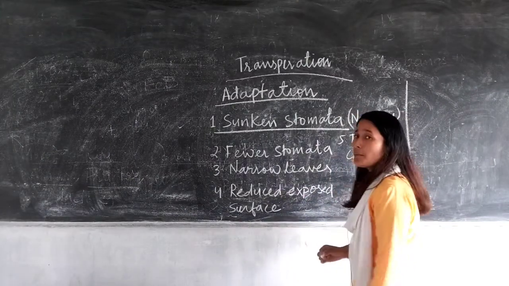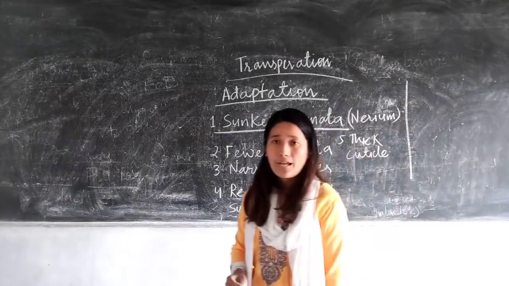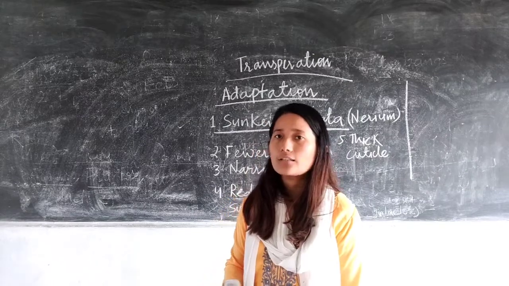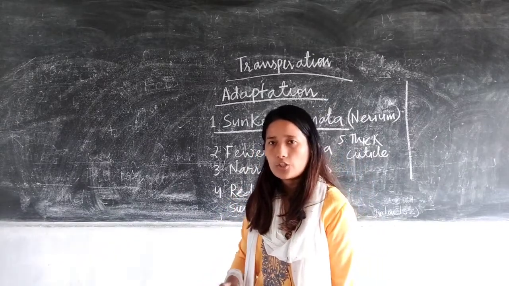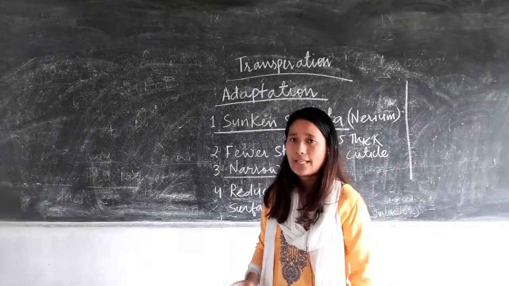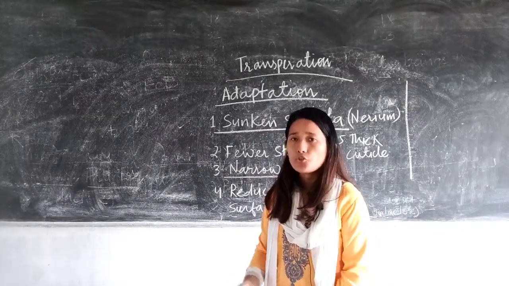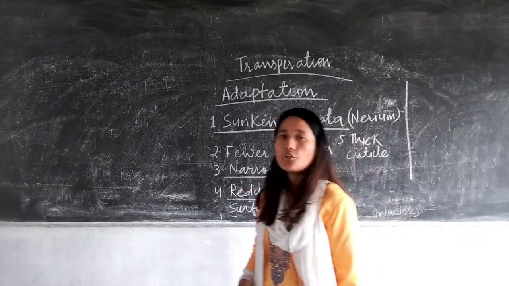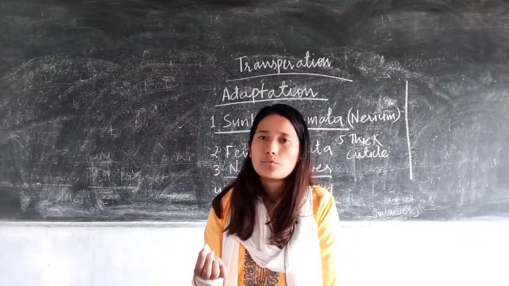In some plants, the amount of stomata on the leaves is generally very less, so that less transpiration occurs. Some of them have narrow leaves. Narrow leaves mean less stomata, right? And some of them have a reduced exposed surface of the leaves.